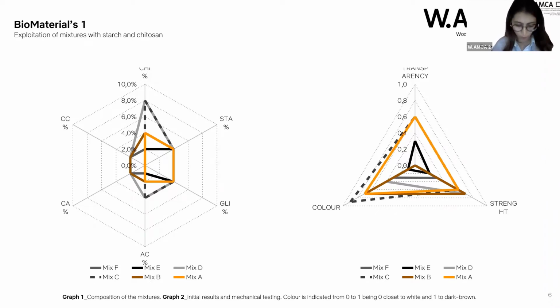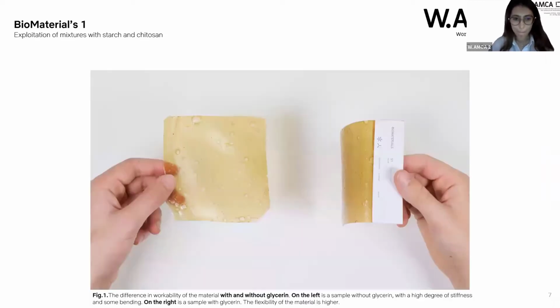In graph 2, we can see the properties of the material after drying. Some mixtures without calcium carbonate are more transparent, and others have a stronger brownish color. Here in this image, it is possible to observe the behavior of a mixture without glycerin, the left image, and with glycerin, the right image.